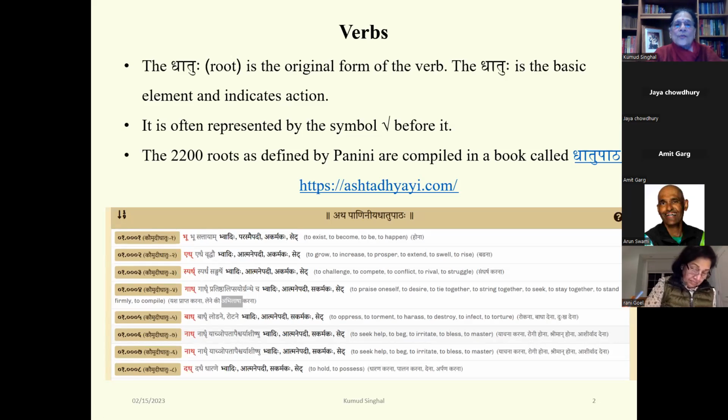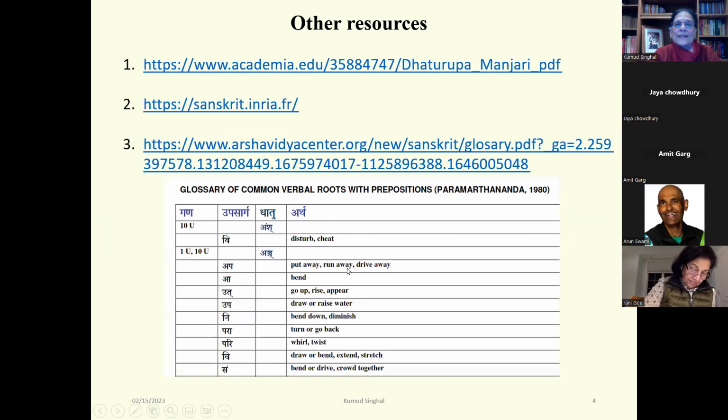I also find this document very useful, and the Swami Paramarthananda PDF is very useful too. It lists the upasargas one could use and their meanings. So these two documents are very useful.